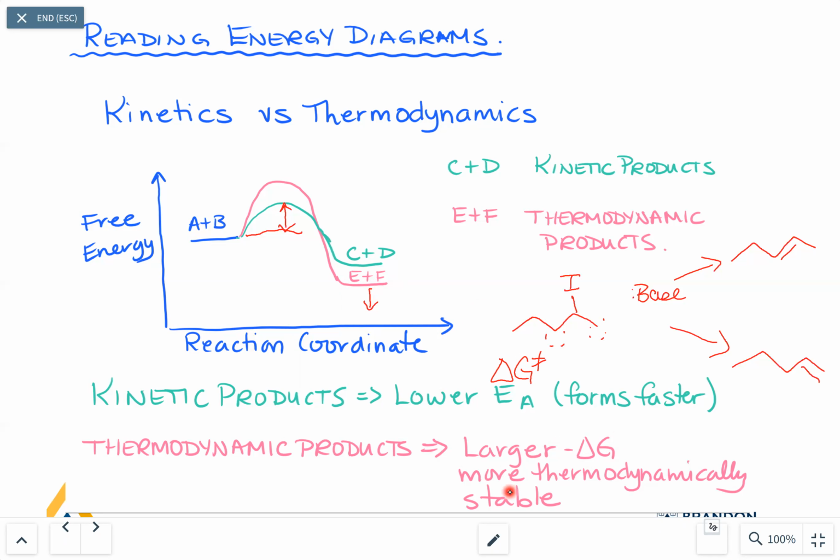So this isn't always the case for all reactions, but in certain reactions, it is certainly the case. And this is a little example of one of them, which when we get to the elimination section, we'll see that this product is more stable. This product could form faster. That's basically where we're gonna go later on.